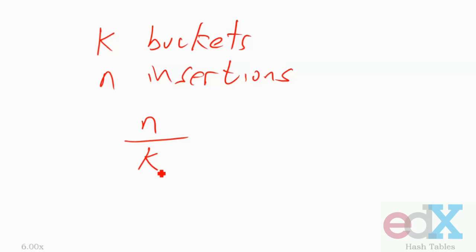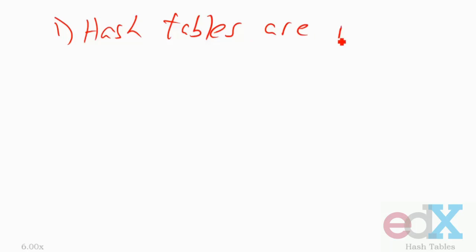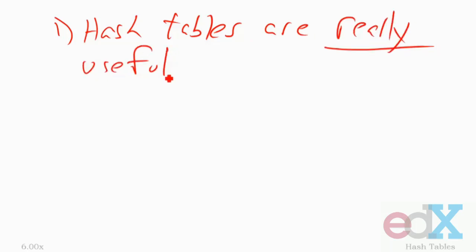This wraps up our brief excursion into hashing. There are a small number of things to take away. One, and this is probably the most important thing to remember, hash tables are really useful, especially if you want to optimize the time required to look up keys other than integers. If the key is an integer, a list works just fine.